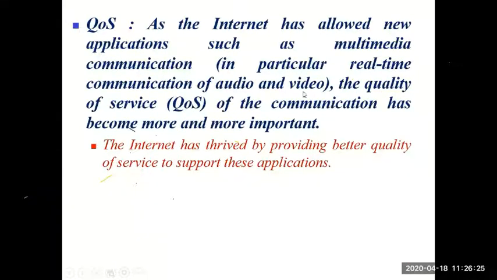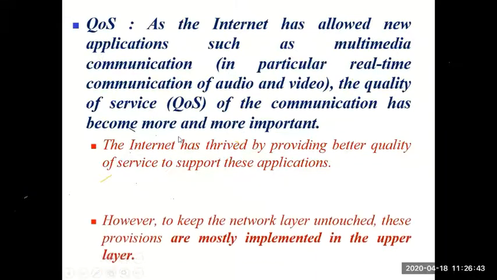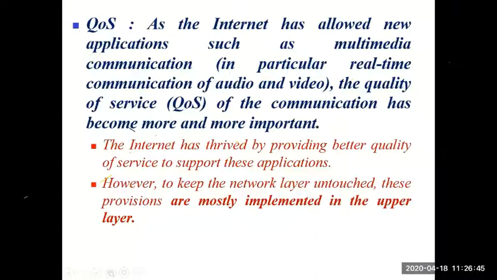This internet has thrived, and is sustaining even today, by providing better and better quality to support newer applications. Every day we are getting new applications and they should be supported with proper quality. And yes, that is happening because of what we do at the internet.